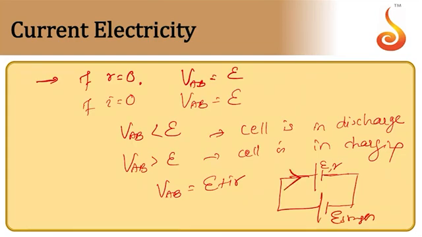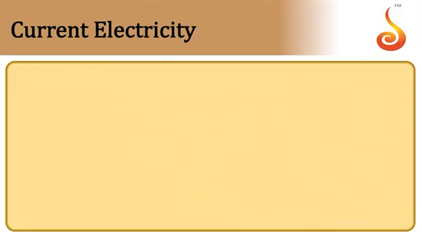So if the cell is in the charging mode, then the terminal potential difference is given by E plus IR. Or in general, we can write terminal potential difference is E plus or minus IR, minus when it is in the discharge mode, plus when it is in the recharge mode.